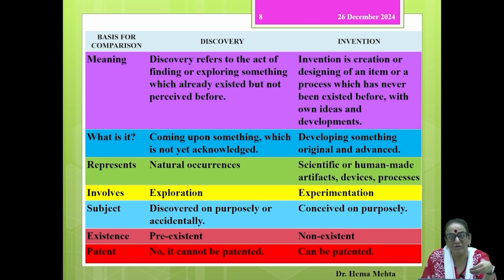Whereas in the case of invention, new ideas are developed, a new process or a new formula is developed, which tries to save our time or do something in a non-obvious, unique way. Because a problem is identified, we start working on it, we do experimentation, and it is conceived because of the purpose in front of us; we call it an invention.